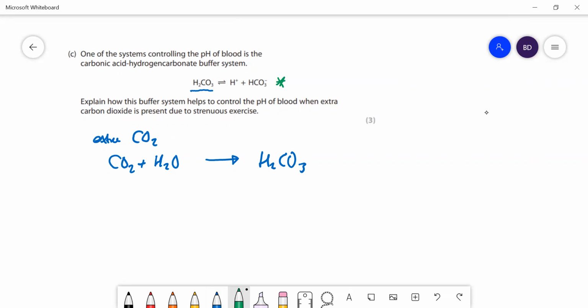But the hydrogen ion concentration doesn't change that much, because you've got a lot of hydrogen carbonate in the blood, and that can react with the extra H plus which has been made, and so that will lower the H plus concentration. So it relies on your blood having a large reservoir of hydrogen carbonate ions.